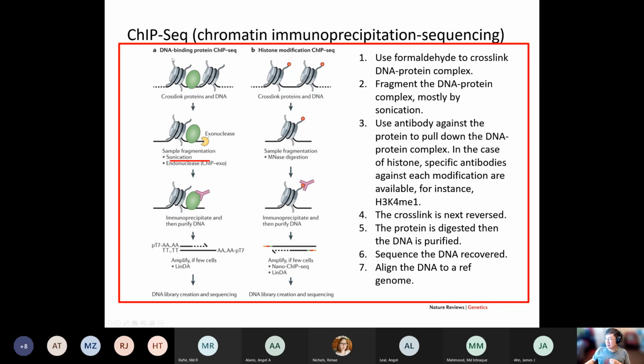So shown on top is just the fundamental structure. It's the so-called beads-on-a-string structure. You have nucleosomes, that's your beads, and then the thread is your DNA.